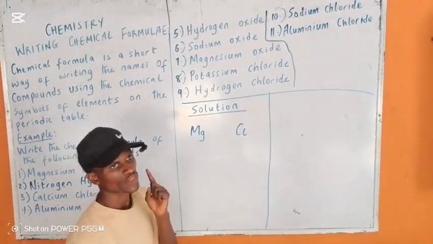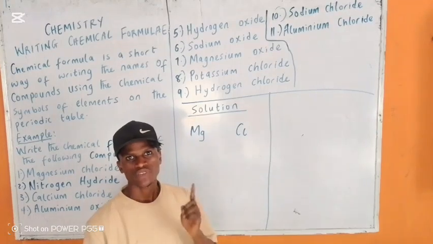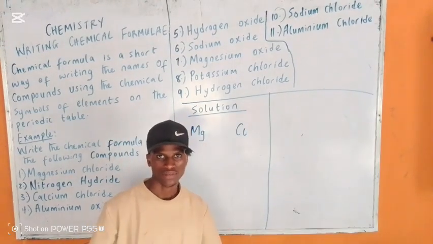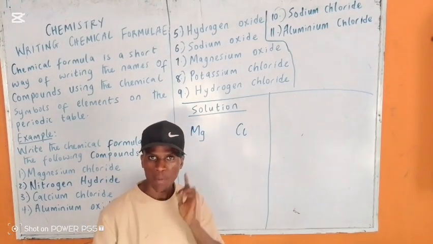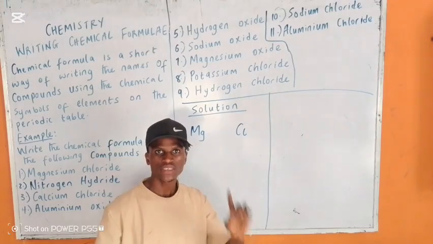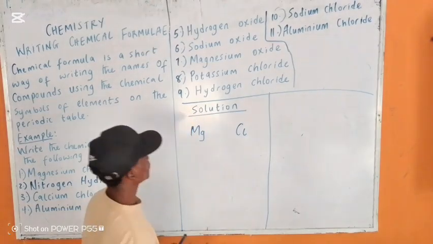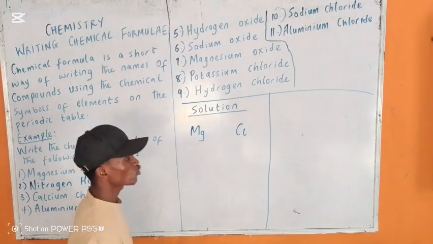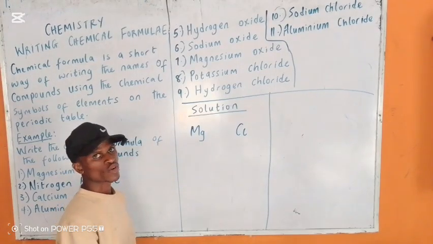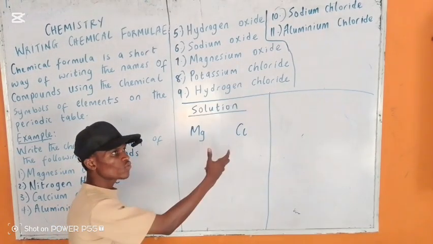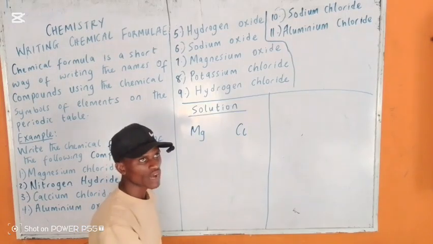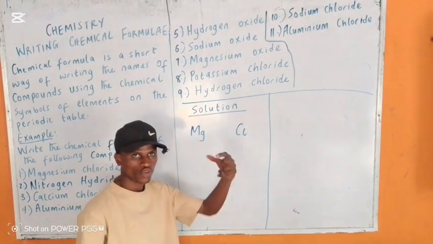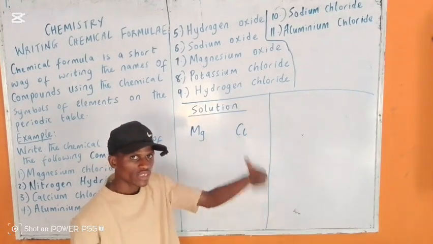Because remember, valency is defined as the combining power of any element. So, looking for the valency of magnesium, we have to look for the atomic number. From the atomic number, we will now bring out the electronic configuration using the K L M shells.